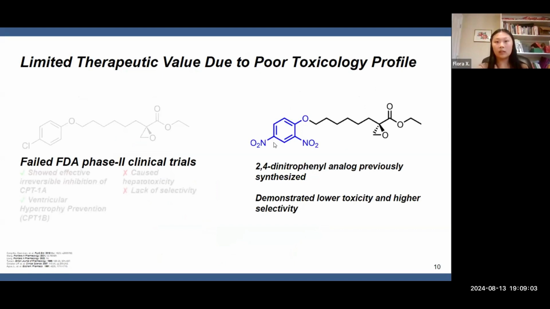The only difference between this analog and etomoxir, as you can see, is the aryl ring, where instead of the chlorine group at the 4 position on the aryl ring, there's 2 nitro groups at the 2 and 4 position. This analog, with the only difference being the aryl ring, has shown lower toxicity and higher selectivity between CPT1A, the liver isoform of CPT1, and CPT1B, which is the muscular form.